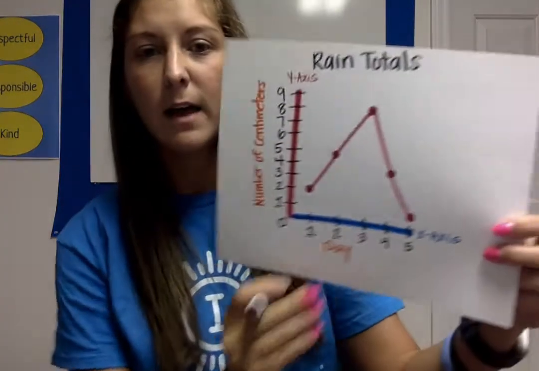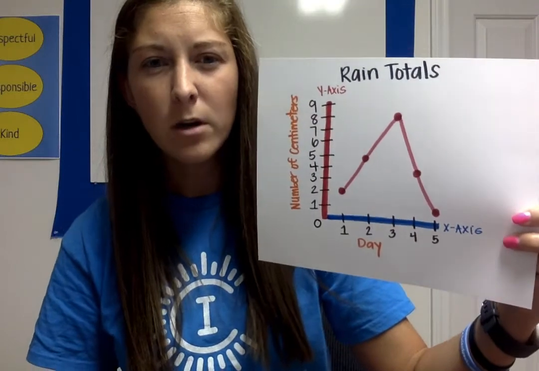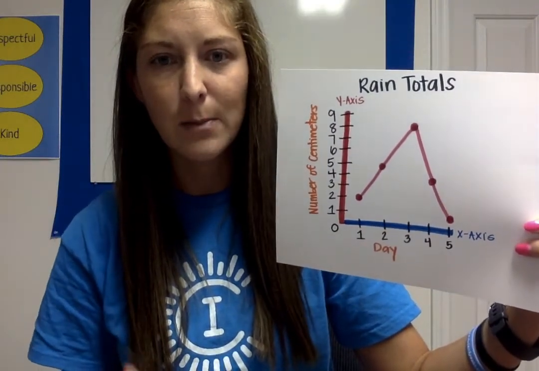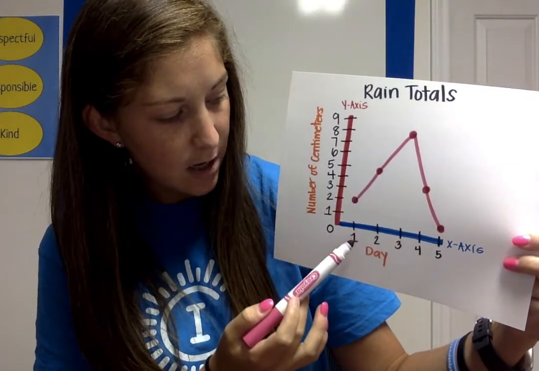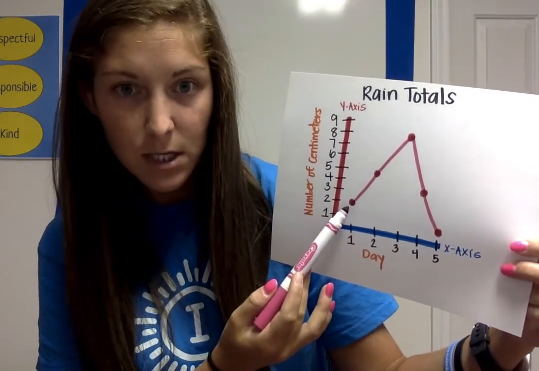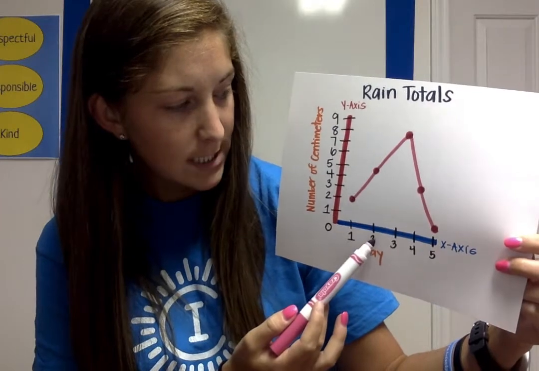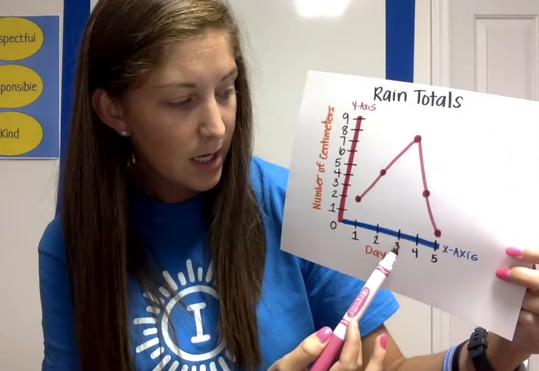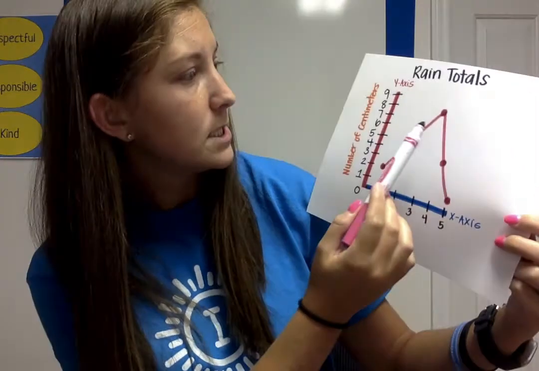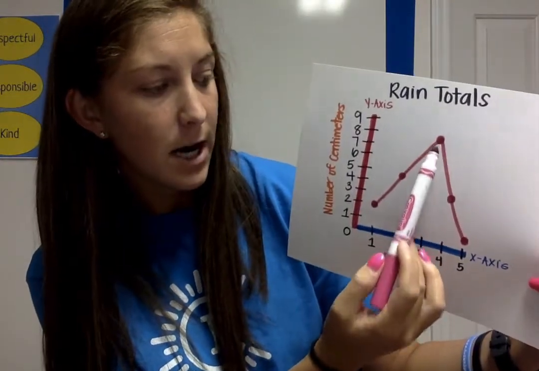So here is my line. It kind of looks like a mountain. But we're going to talk about what these data points mean. So this data point right here means that on day 1, they received 2 centimeters of rain. On day 2, they received 5 centimeters of rain. Day 3, they received 8 centimeters of rain.